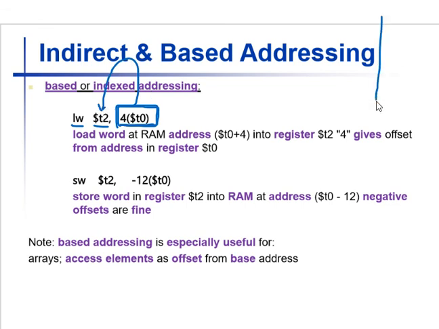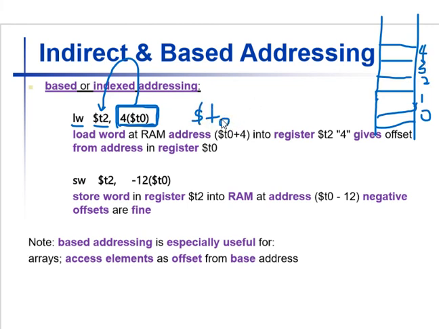Let's assume that your memory contains many locations. Let's assume that this is address 0, address 1, 2, 3 and 4. Let's assume that the register T0 is containing a value 0. What you need to do is add the register T0 value with the offset 4.